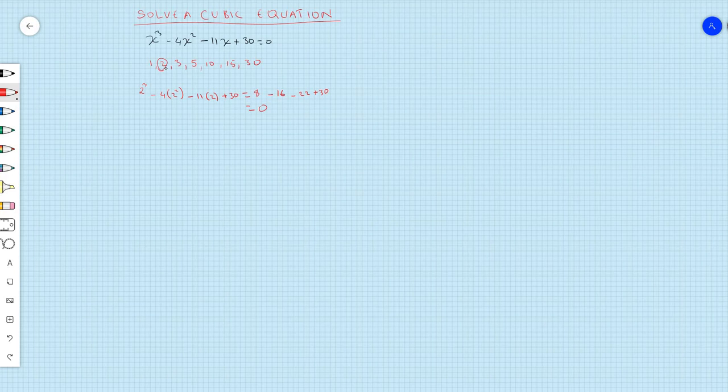Now once you find that, all you have to do is find a quadratic equation that, once multiplied by x minus whatever root you found first, will give you a cubic equation like that. So basically what I'm saying is find this equation.